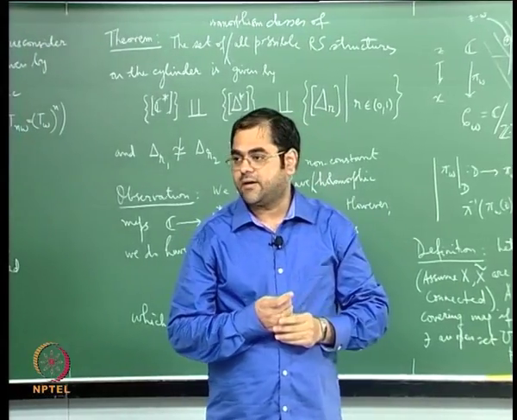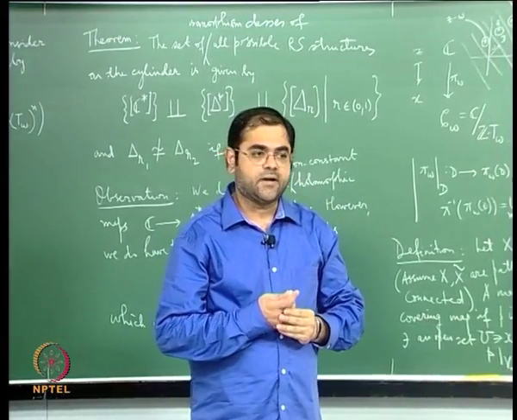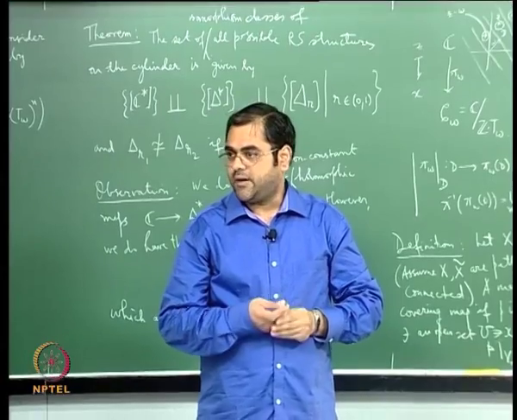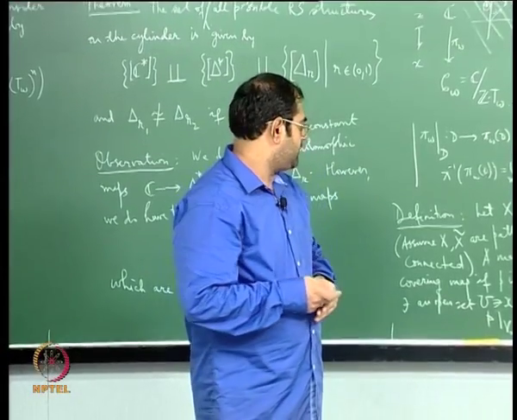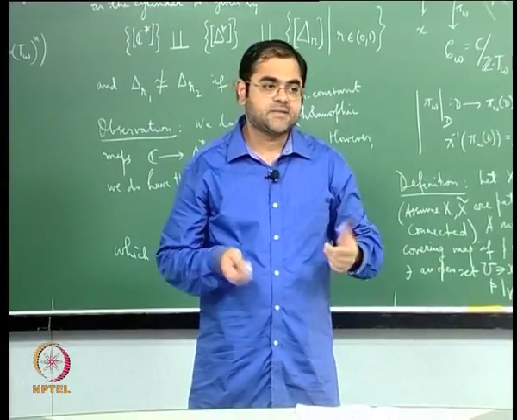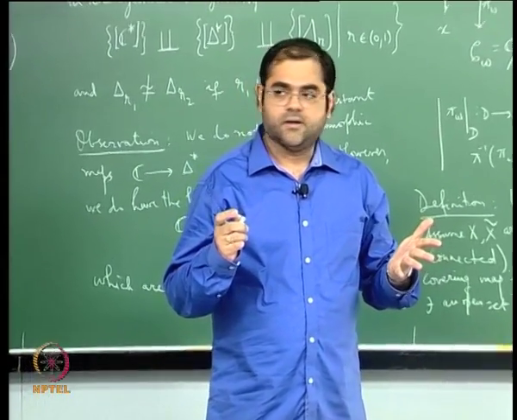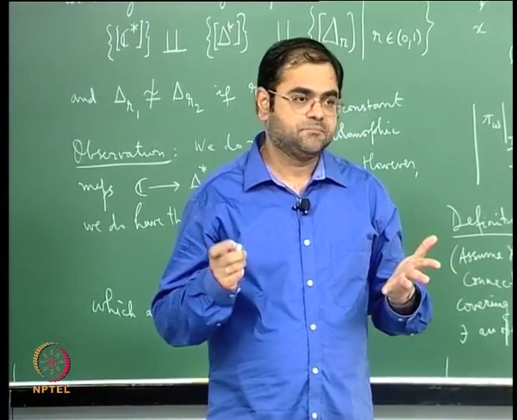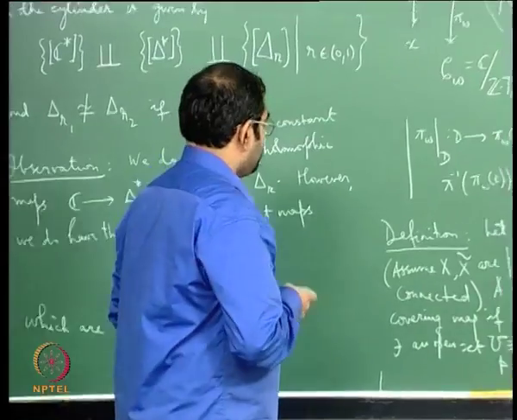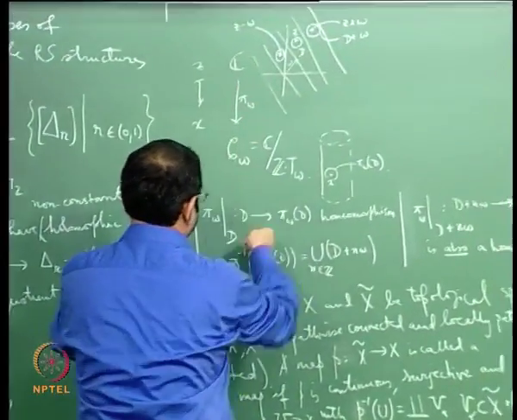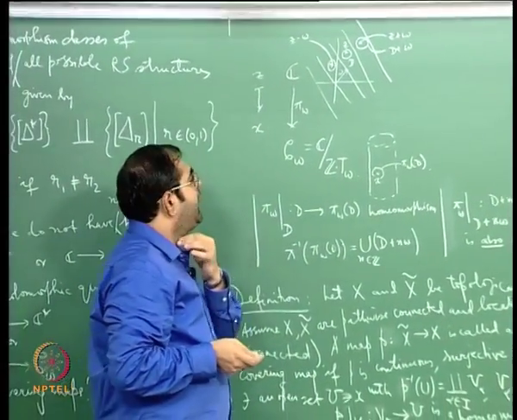Such an open set is called an admissible open set. It is called an admissible neighbourhood for the point x, and we say that it is a covering space if every point has an admissible open set. Okay, and so this is the standard covering space situation, right?